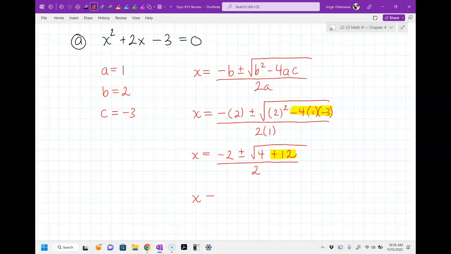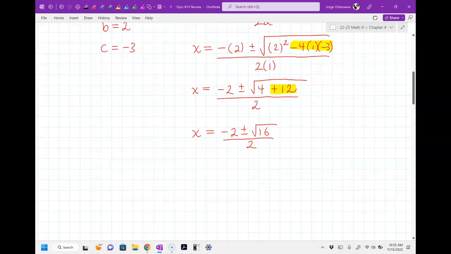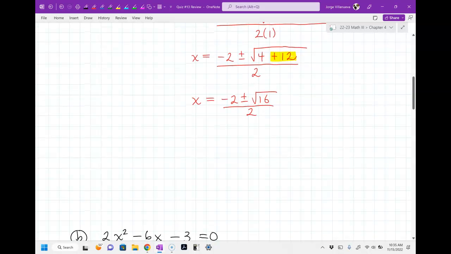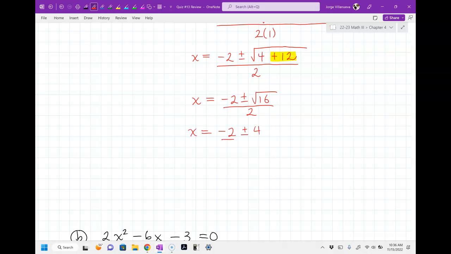So here you go. x is equal to -2 plus or minus the square root of 16, divided by 2. Normally this is where you would stop because you think there is no square root of 16. But actually there is, right? It's 4. So x is equal to -2 plus or minus 4 over 2. That means you basically have to give me the two actual answers now, okay?